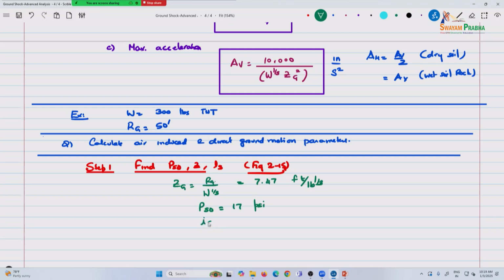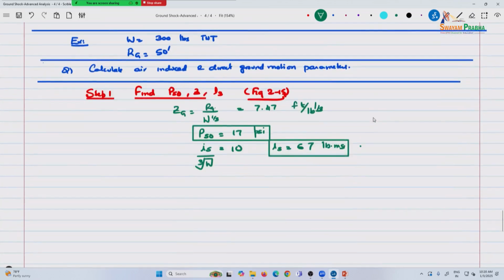I sub S divided by cube root of W is 10, so I sub S is equal to 67 pound millisecond. So those are the two values.